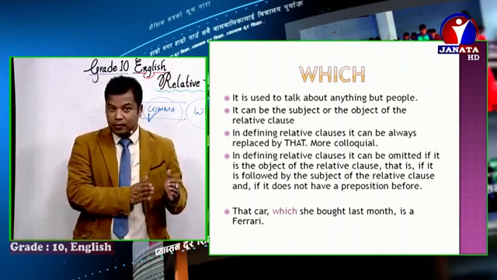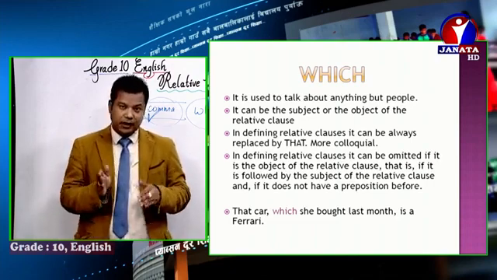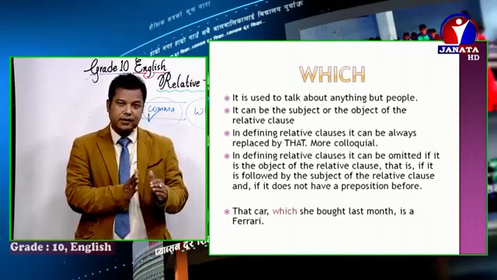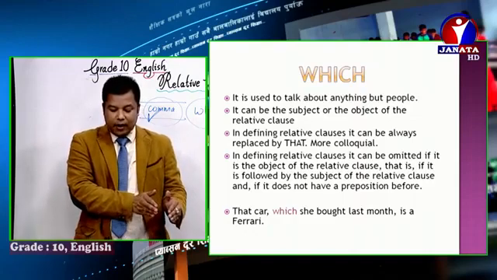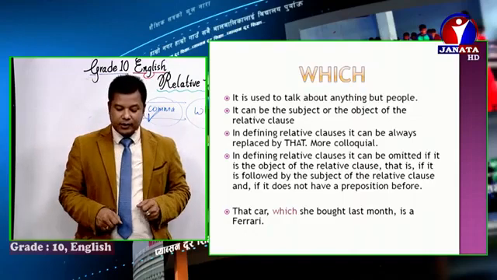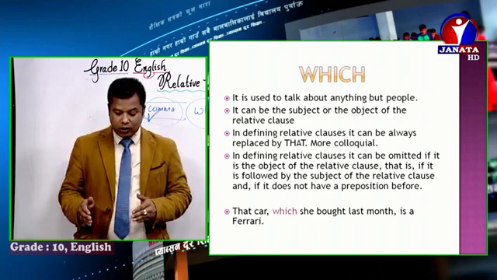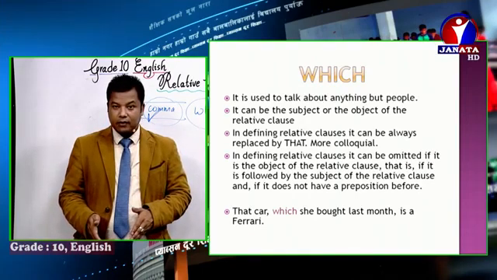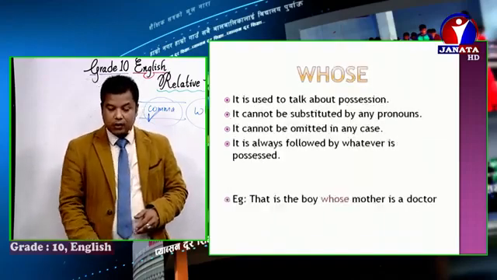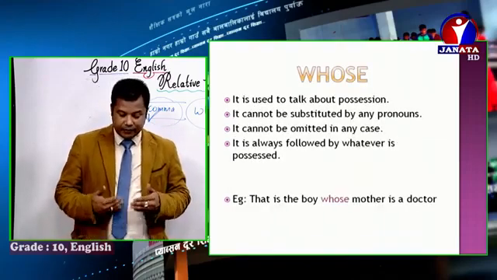They prefer to omit that part, but you have to feel why they're omitting this particular word in this example. Just read the example and you understand. The car which she bought last month is a Ferrari. Examples always keep on making things easy.